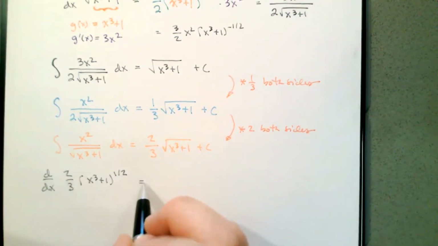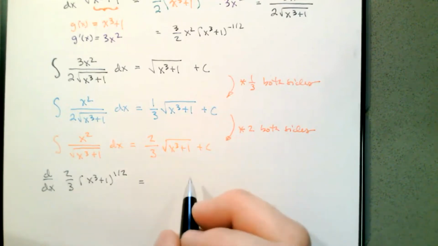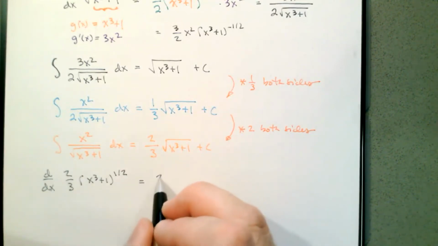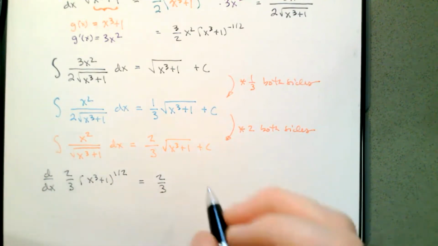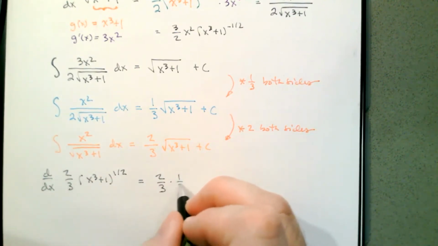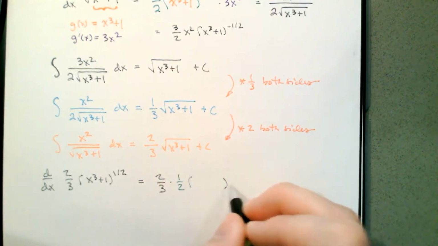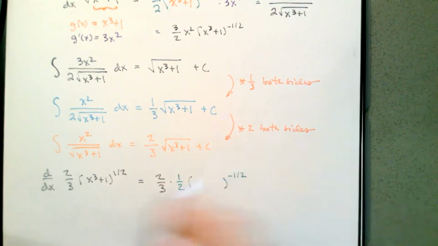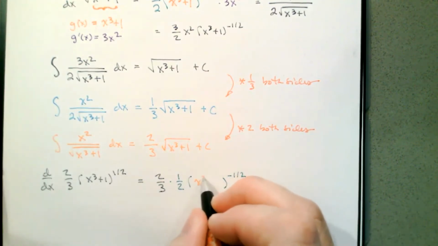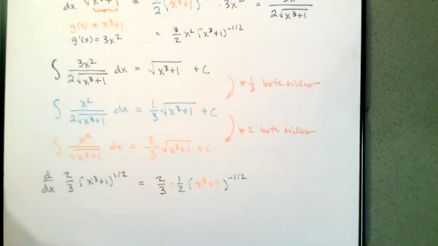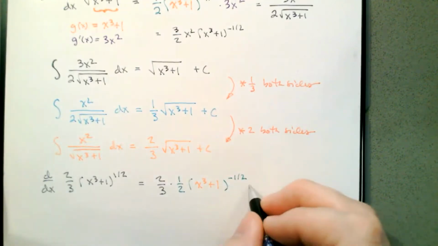The derivative of 2/3 x cubed plus 1 to the 1/2 is going to be 2/3 times the derivative of the square root of something, which is 1/2 that thing to the negative 1/2, times the derivative of the inside, which is still 3x squared.